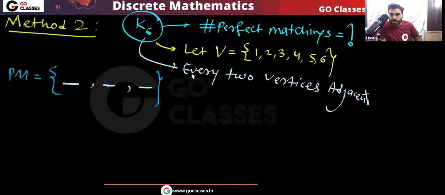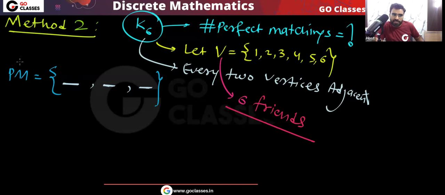The point is that just think about these as 6 people. We have total 6 people. These are like 6 friends. They are going to a hotel. And this perfect matching is like a hotel.